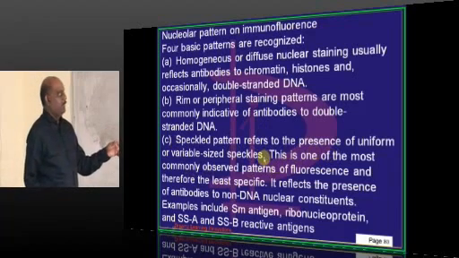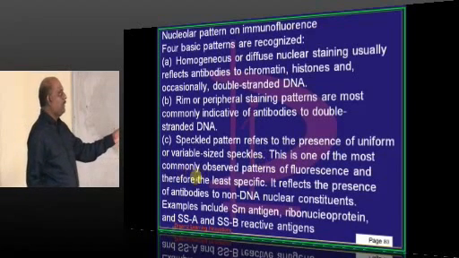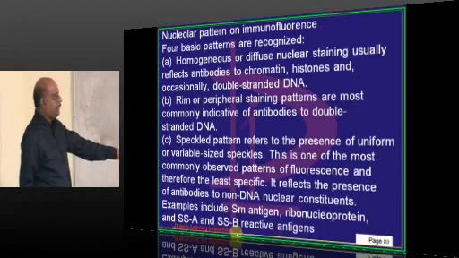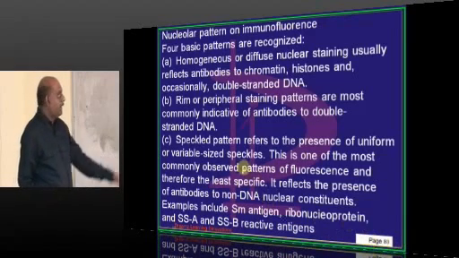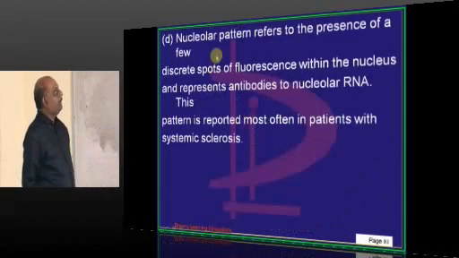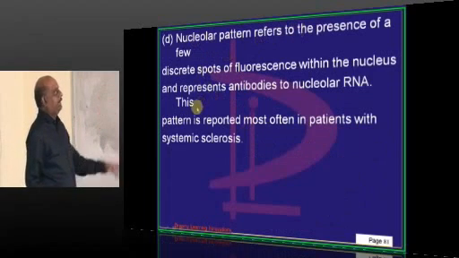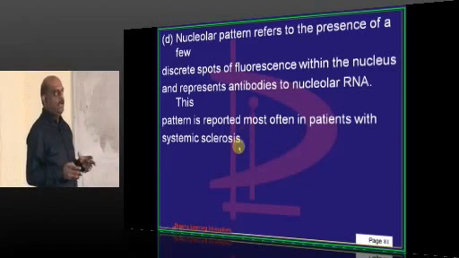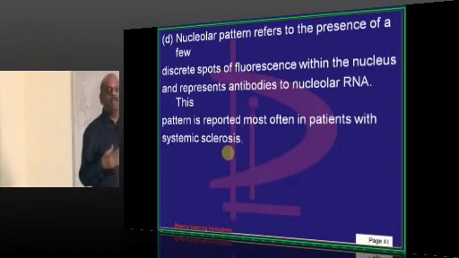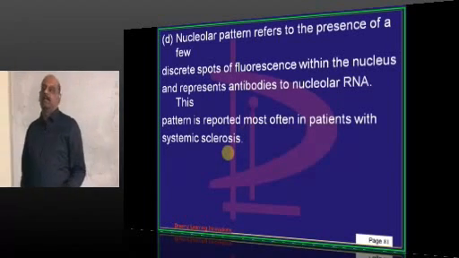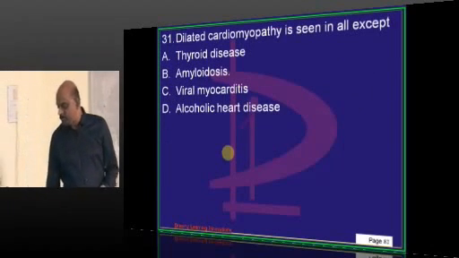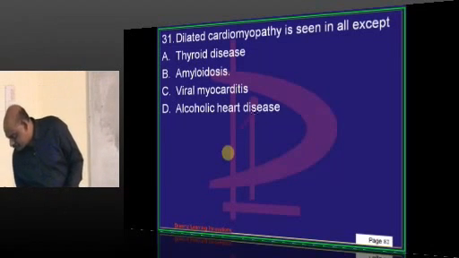Speckled pattern is the one seen with antibodies to non-DNA nuclear constituents like Smith antigen, ribonucleoprotein, SSA and SSB. The nucleolar pattern is typically seen in the patients who have systemic sclerosis. So different immunofluorescence patterns of ANA is one of the favorite questions of the examiner, which you need to be quite sure about.